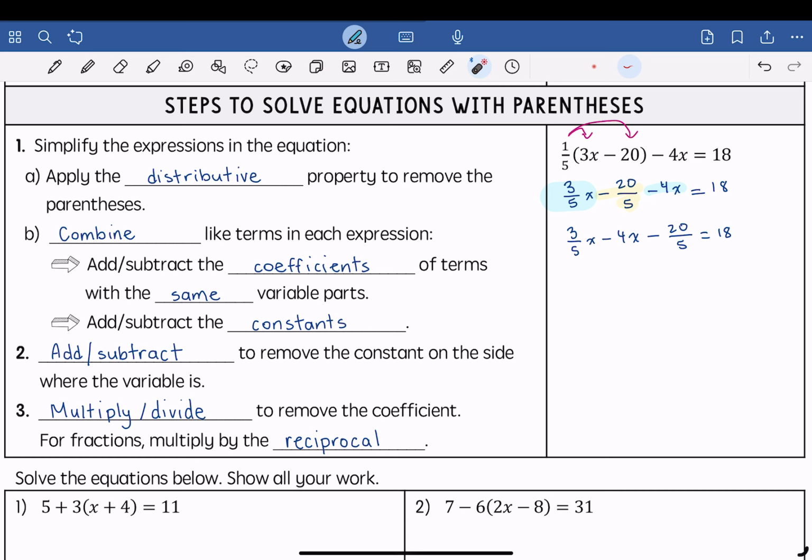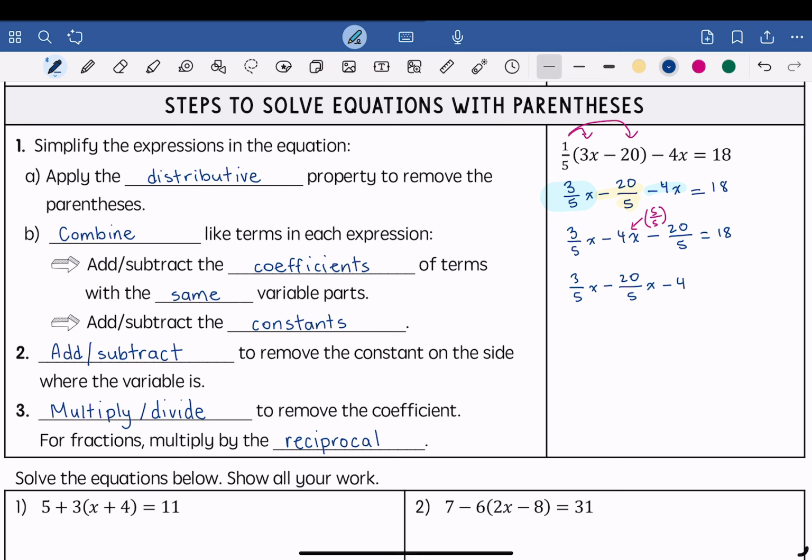So right now it's technically over 1. So I need to multiply this by 5, the numerator and the denominator. So I'm going to multiply this by 5 over 5, which will then give me 3 over 5x minus 20 over 5x minus 20 divided by 5 is 4.